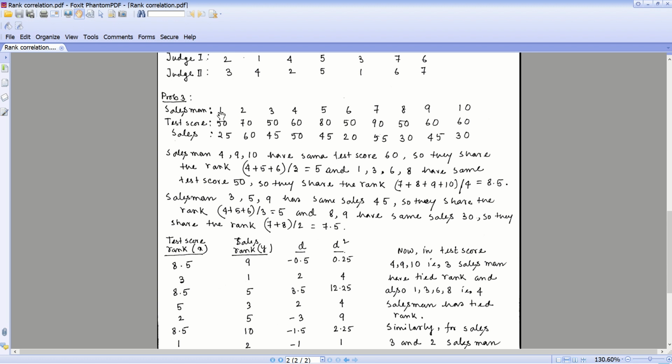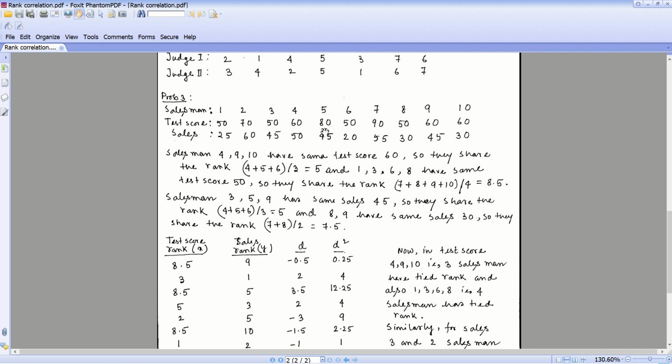Now you can see here that salesman 1, salesman 6, salesman 8 have the same test score 50. Similarly, salesman 4, salesman 9, salesman 10 have the same test score 60. So these are called tied ranks.